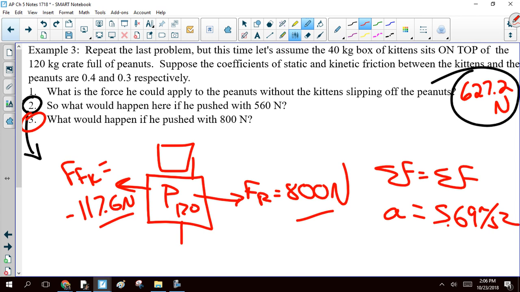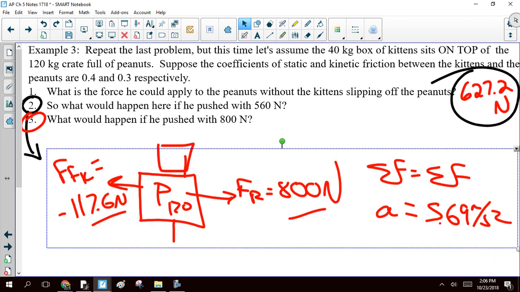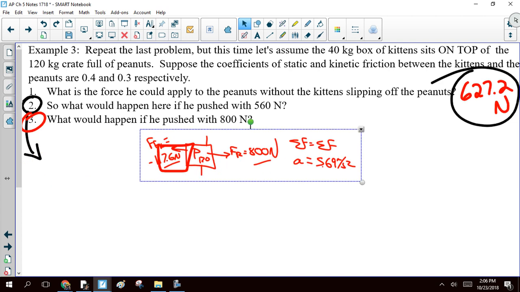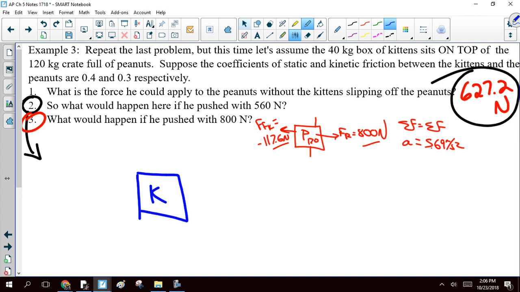Okay? Now, if we find the acceleration of the kittens, we end up getting a different number, which is the whole point. Okay, so now here's the kittens. The idea is the peanuts are going to be sliding forward under the kittens. So there's some relative motion here, but the idea is the peanuts are trying to drag the kittens forward.